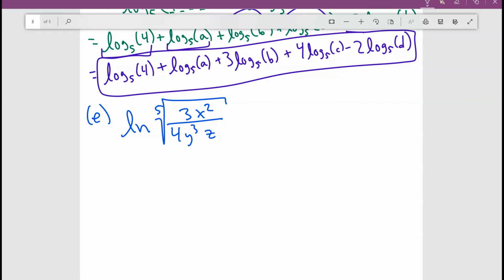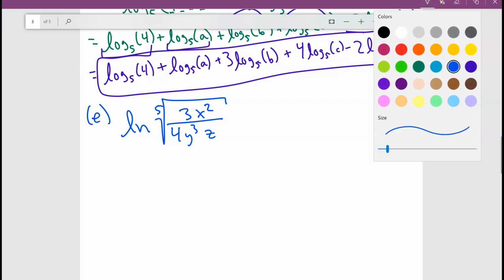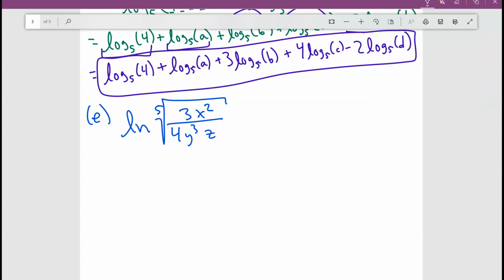Okay, so the first thing to do is let's get rid of that 5th root. So how can I get rid of it? Well, is there a way that I can convert this to an exponent? And luckily we can. I can write it the following way: ln of 3x squared divided by 4y cubed z, to the power of 1/5.